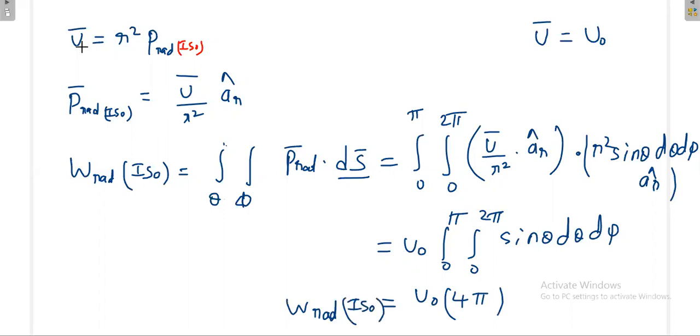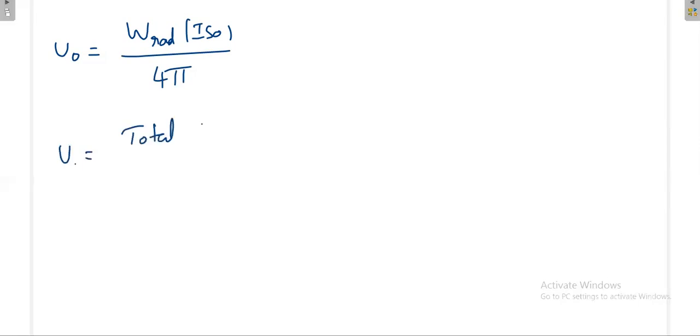Then U naught is equal to W radiated isotropic divided by 4 pi. As I told you in the beginning, U means total power radiated divided by solid angle.